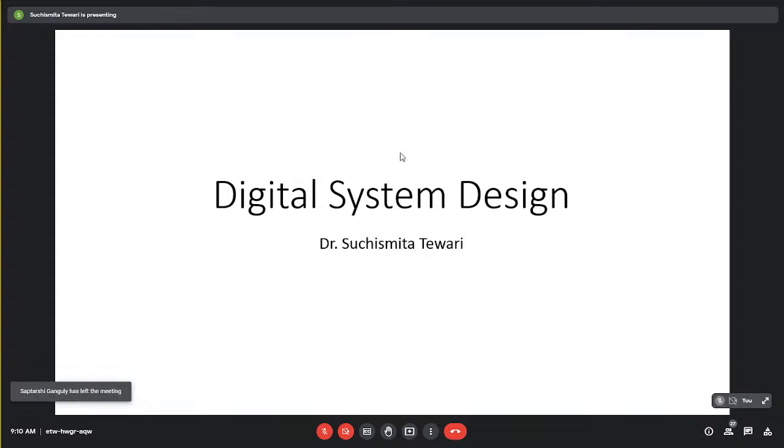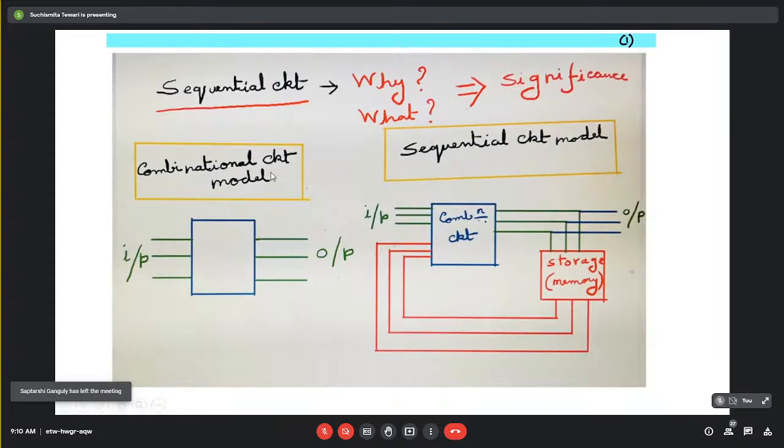In case of combinational circuits, the block diagram is simply a set of inputs, and based on these inputs you get some output. But in the sequential circuit model, we need this combinational block and something extra, because depending on the previous output state we determine the present output state.